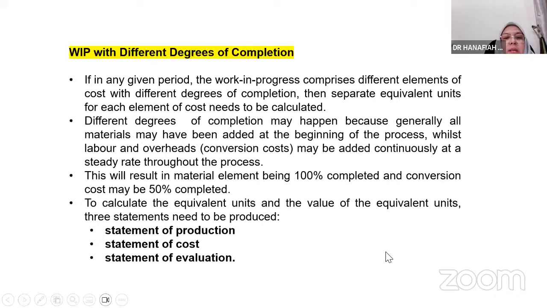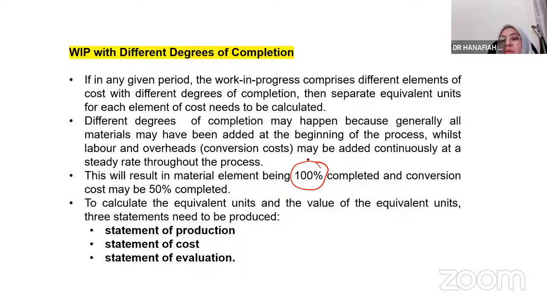Okay, so now we look at the work in progress if we have different degrees of completion. Of course, we are going to receive different percentages of degree of completion. In case you receive a question where the material normally gets 100% completed, you know why? Because when we start to produce something, the first thing that we need to add is the material in the process.